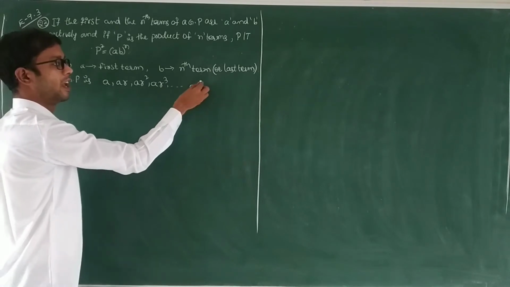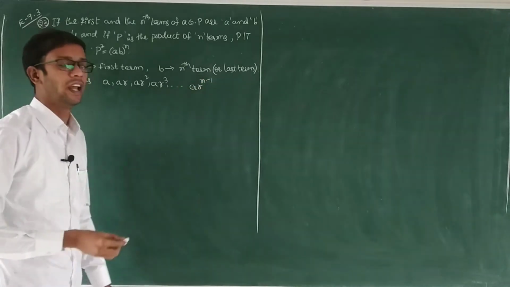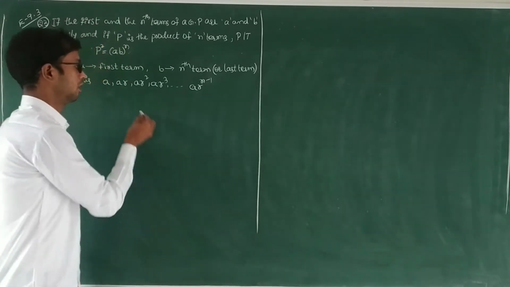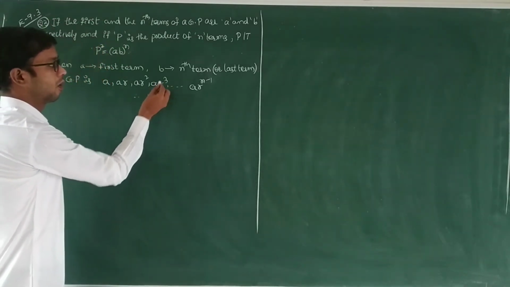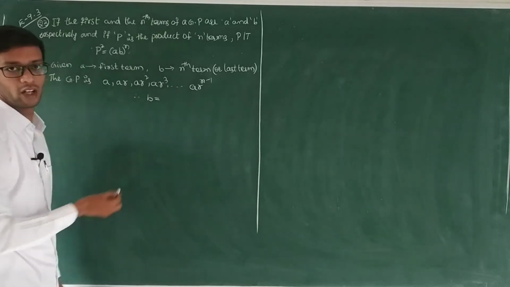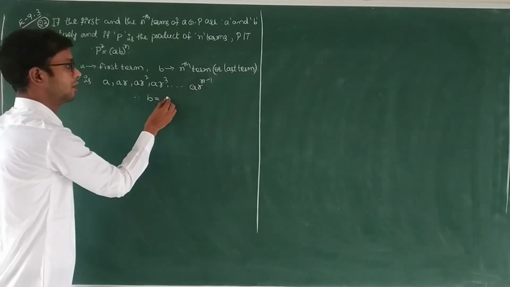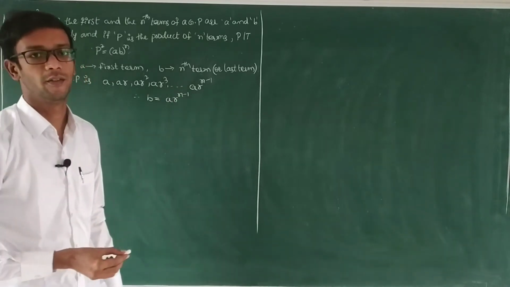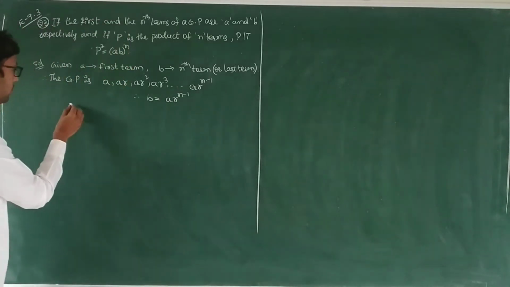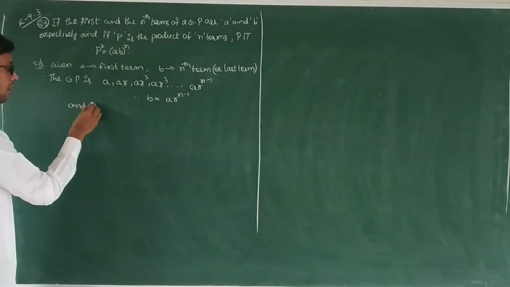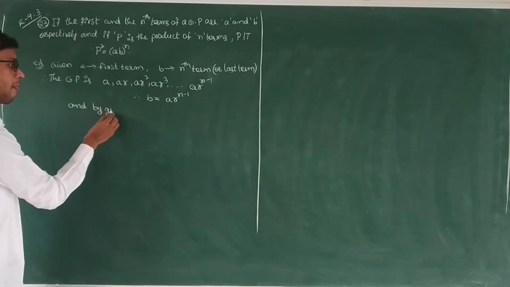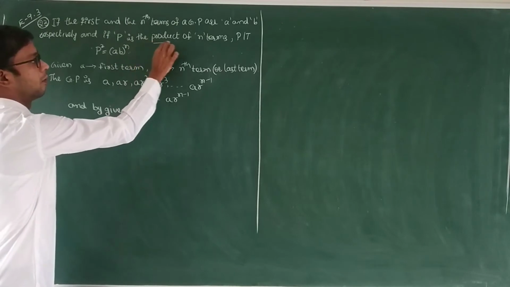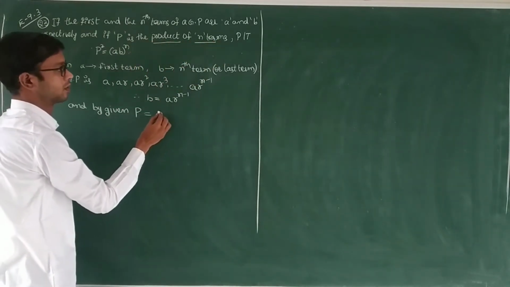So the nth term will be A into R power n minus 1. Therefore, B is equal to how much? Last term, that is only the nth term. Nth term how much here? A into R power n minus 1. And by given, capital P is equal to the product of n terms.